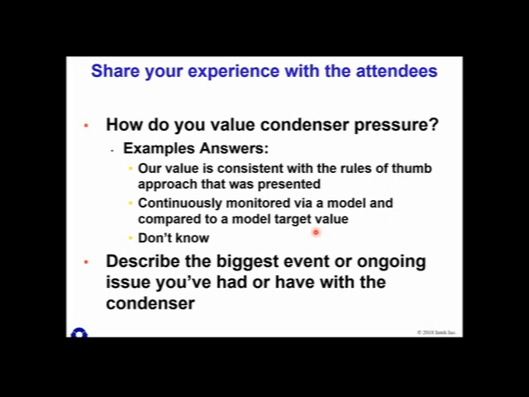You could also answer that it's continuously monitored via a model and compared to a model target value, and so you get a value out like cleanliness factor or excess BTUs from the condenser. That may be a possible answer on how you value condenser pressure. Or if you're a new system owner or a new engineer at the plant, maybe you don't know. That's okay too. But if you could answer that one.